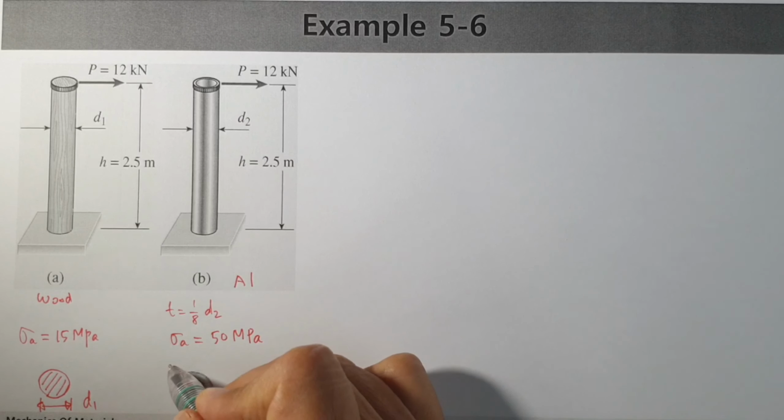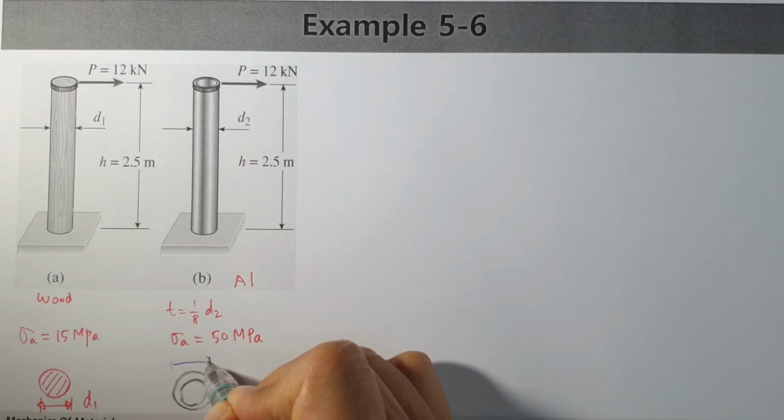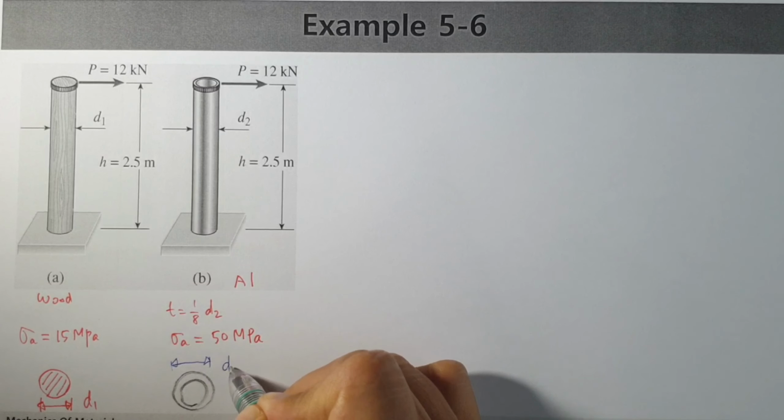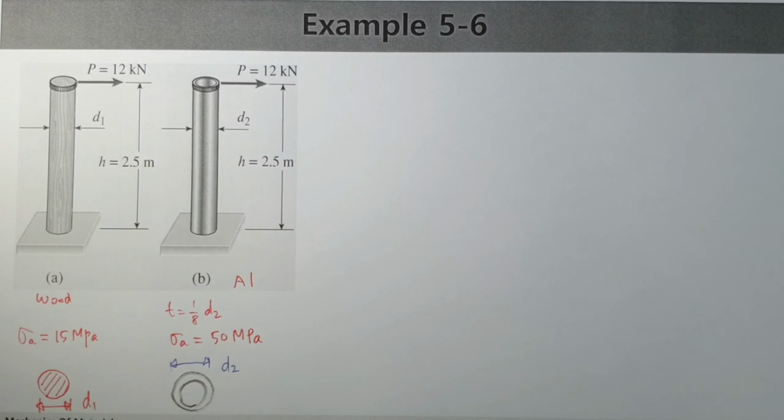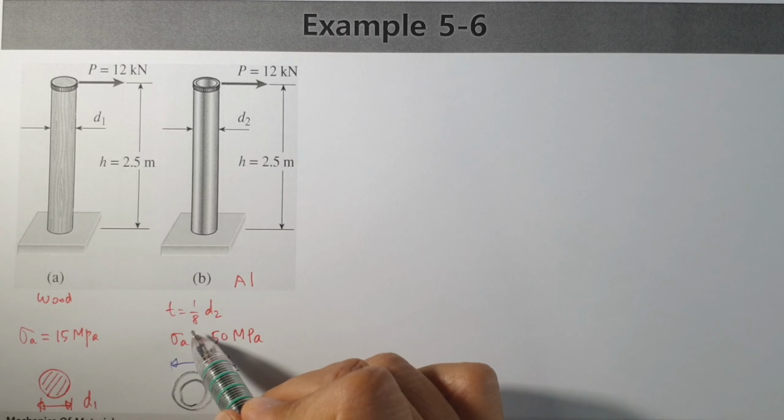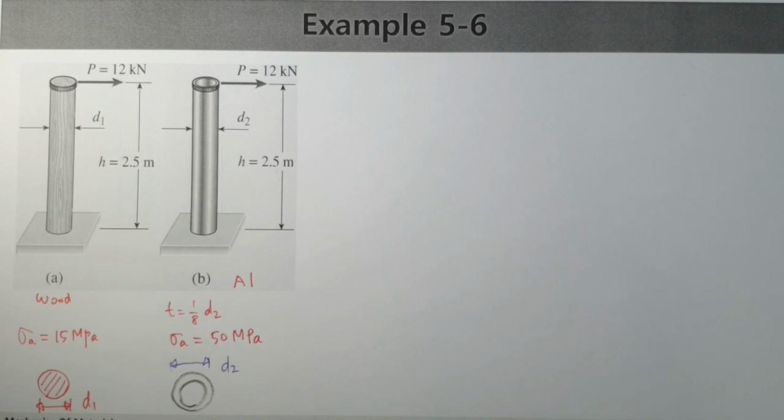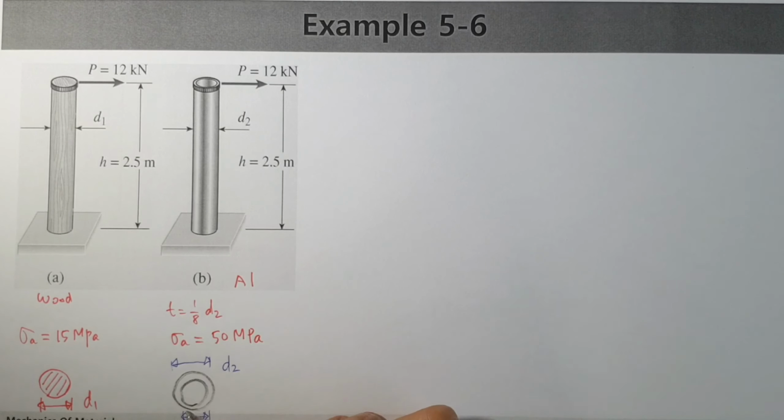D2 is given. And the inside diameter is 1/8 D2. That means the inside diameter is what? This diameter is 1/4 D2.